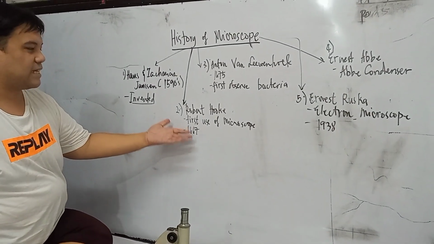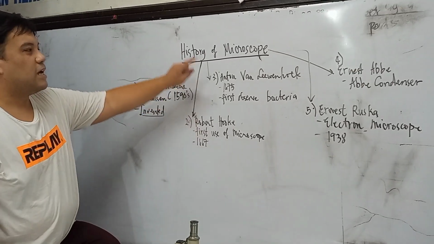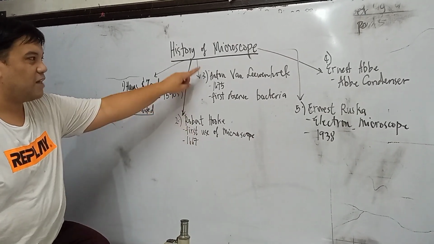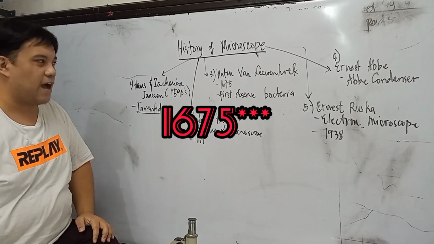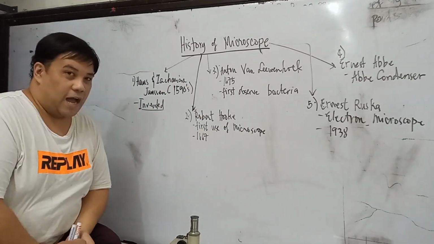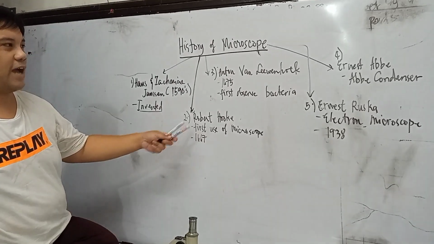After Robert Hooke, Anton van Leeuwenhoek, started 1665. He first observed the bacteria, mga unicellular cells and bacteria.